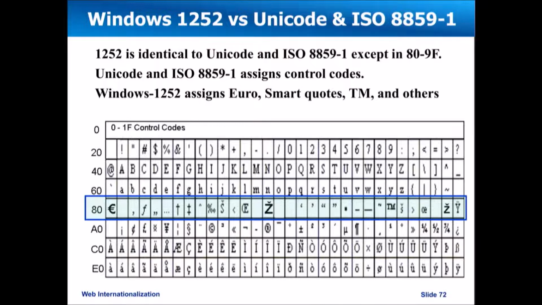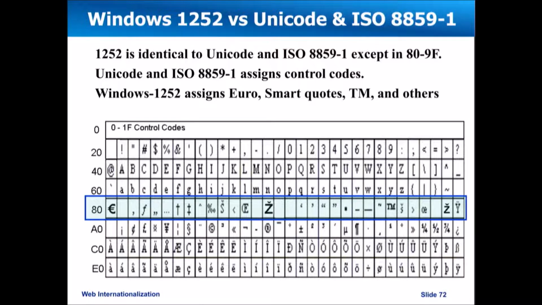And I'll offer one other caution. Often people look at this Windows encoding. They're familiar with the byte values from this encoding, which is ISO 8859-1, Windows 1252.